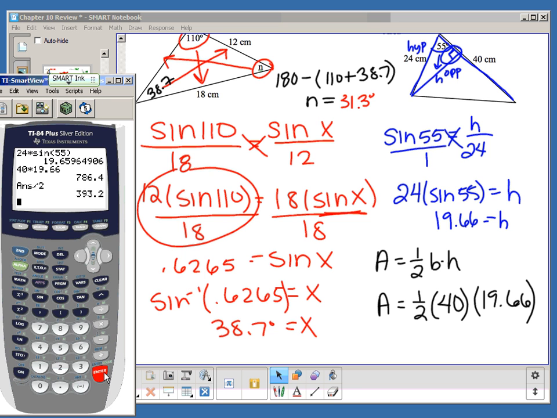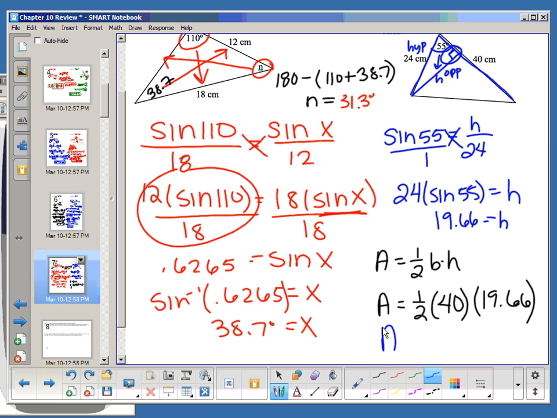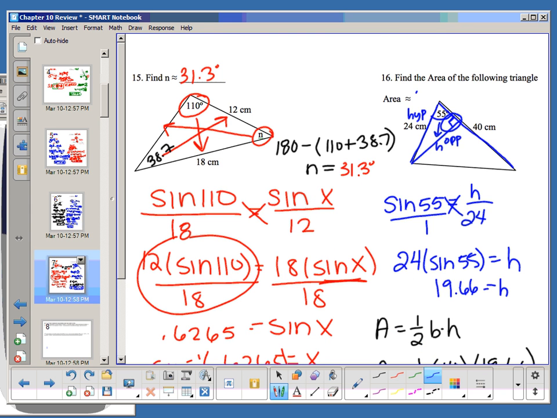I get 393.2. If I would have used the exact answer, I think I would just get 393, but that's all right. My area is in square centimeters, so my area is 393.2. Right, that is the finish of the second page. A long page, but a good page.